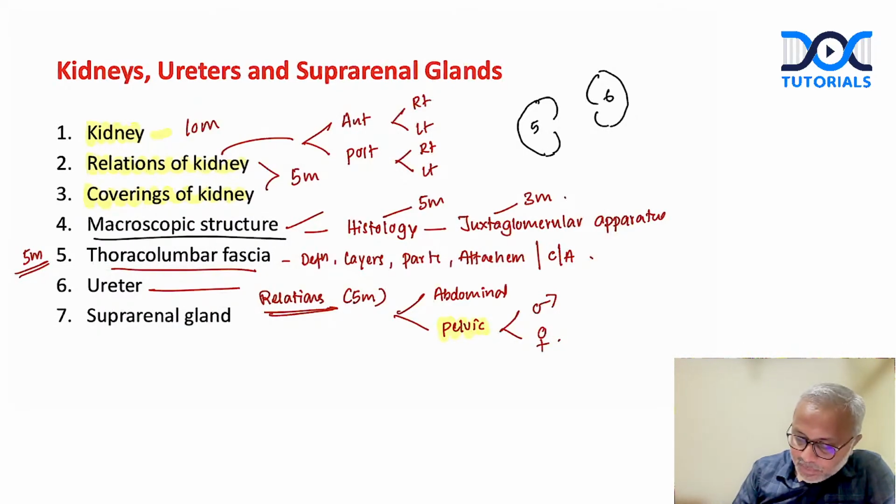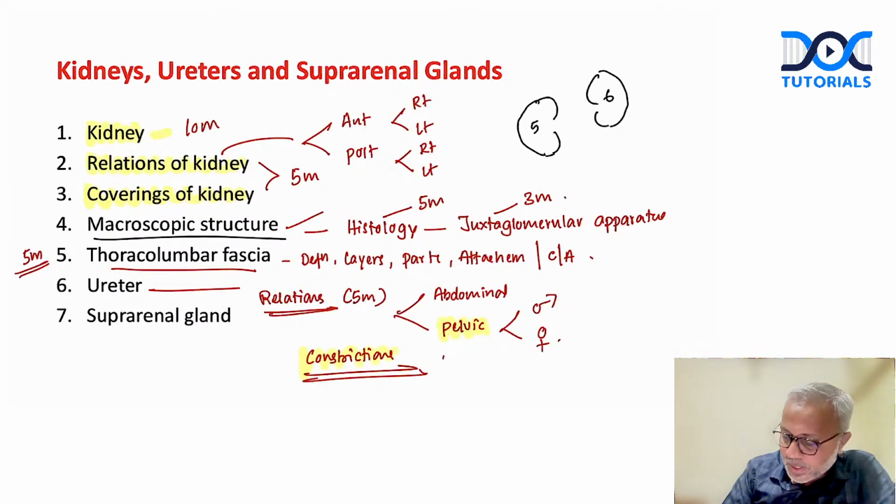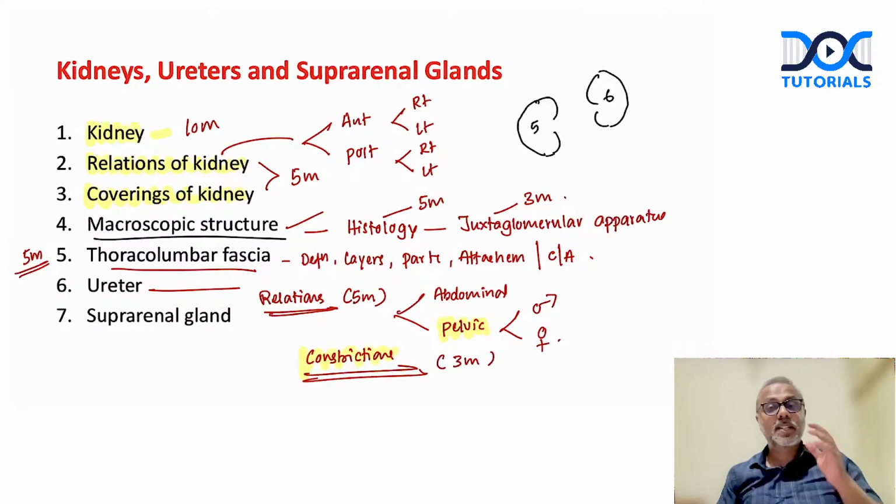In the ureter, one more question that is very frequently asked is the question on constrictions of the ureter, right? A very important 3-marker question, right? What are the levels at which the ureteric constrictions are found, right? 3-marker. Remember, constrictions of the ureter are embryological and they are not anatomical.